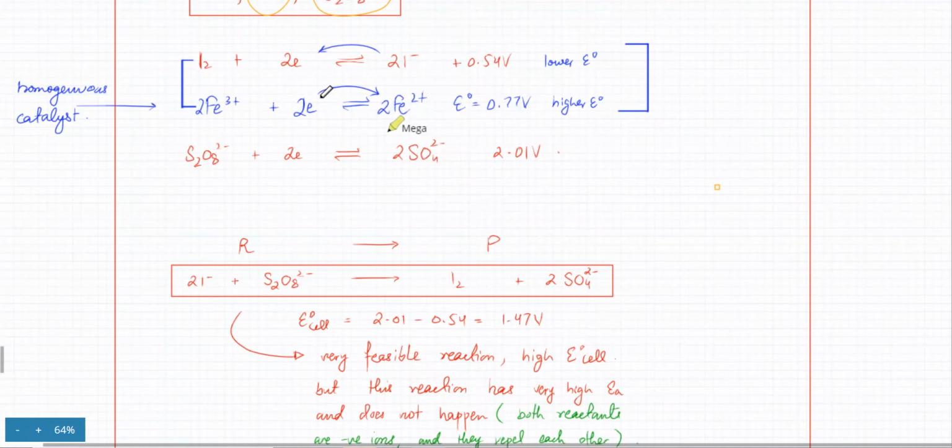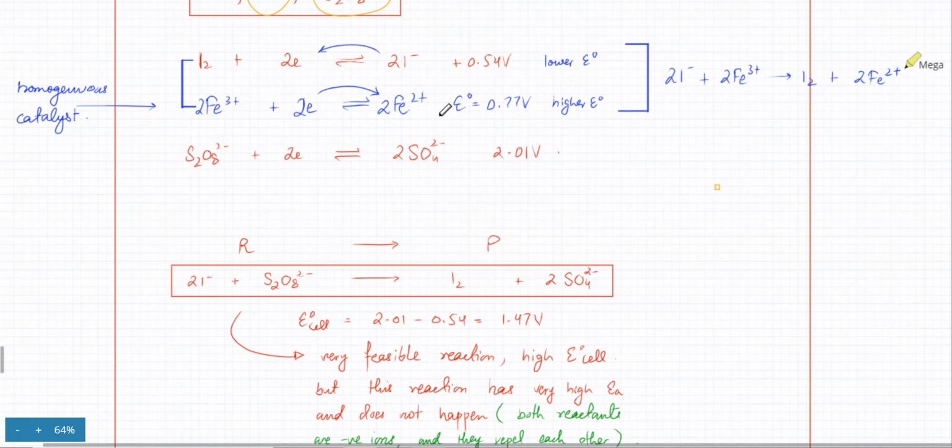The reactants are 2I minus 1 in the first one, and 2Fe3 plus in the second one. And the products are iodine in the first one, and 2Fe2 plus in the second one.